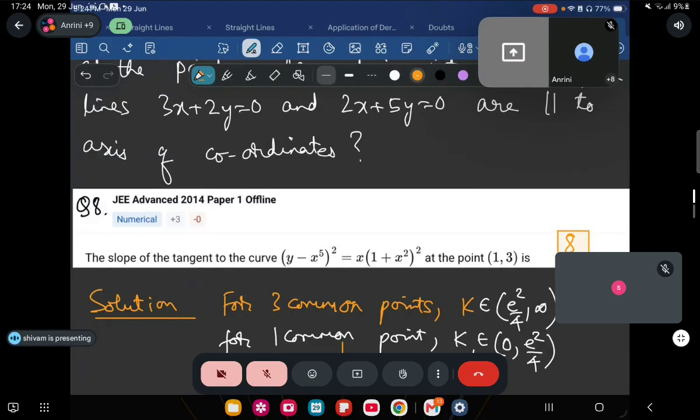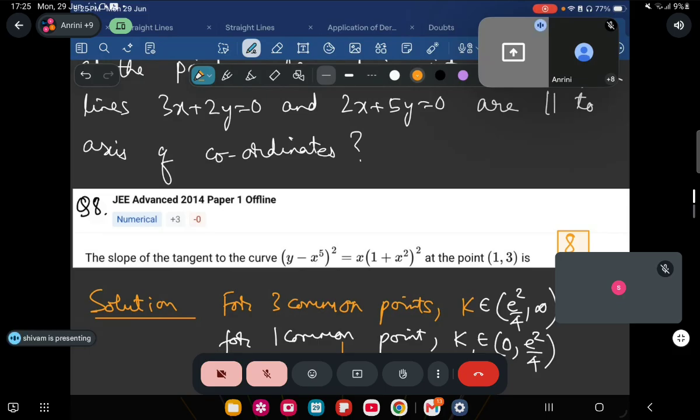Sometimes Advanced also gives an easy question between some tough questions, so that people are attentive while doing the paper. They also test whether a person is able to choose the right set of questions or not.